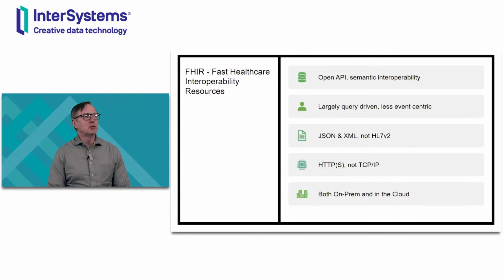Unlike HL7v2, it's largely query-driven, so it's great for building, for example, a mobile application. It uses modern REST interfaces that return JSON and XML. It's very secure using HTTP and HTTPS. And a good feature of it is that it can be deployed both on premises and in the cloud. And InterSystems FHIR Server gives you a number of deployment options.